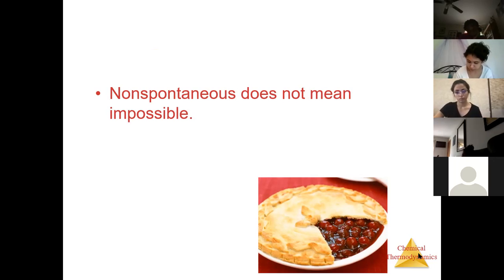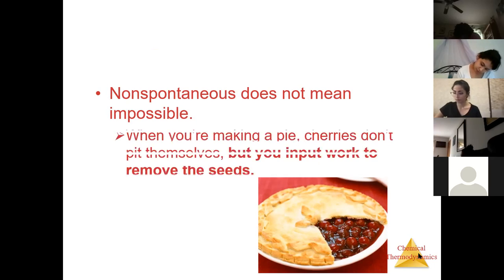No, it did not. So didn't you have to do a little work to get the pumpkin out of the can so that you can use it and make the pumpkin pie? Mm-hmm. So it doesn't mean that it's impossible to do. Non-spontaneous does not mean you can't do it. If you're making a cherry pie, the cherries don't pit themselves. You have to put in a little work to pit those cherries.